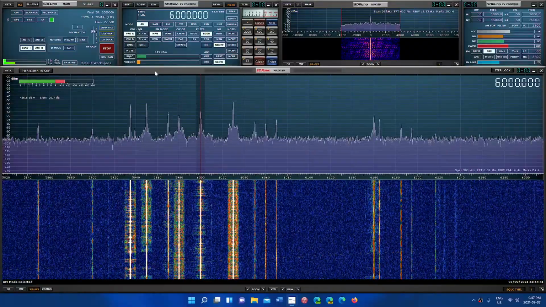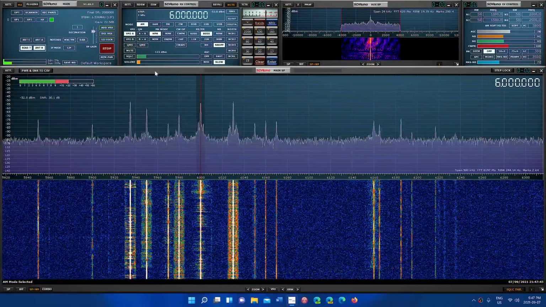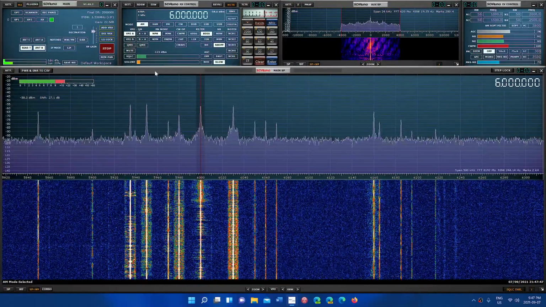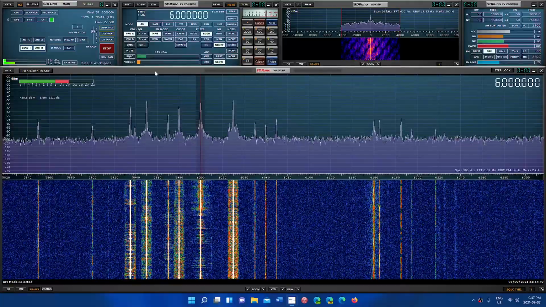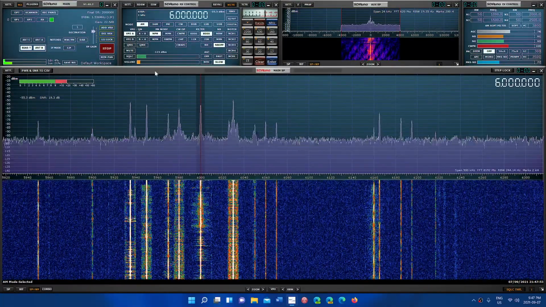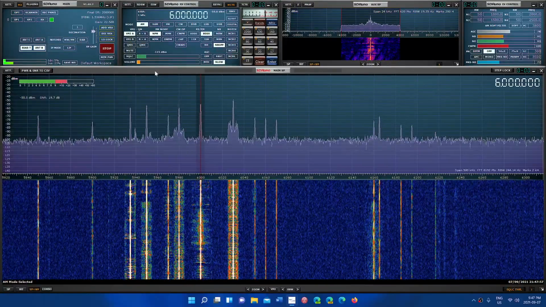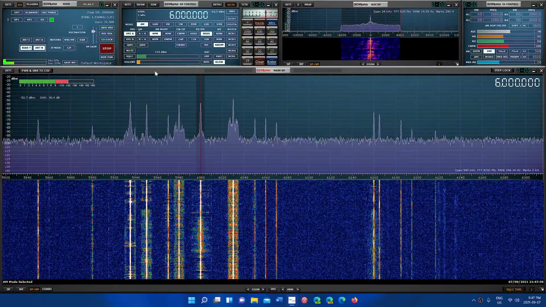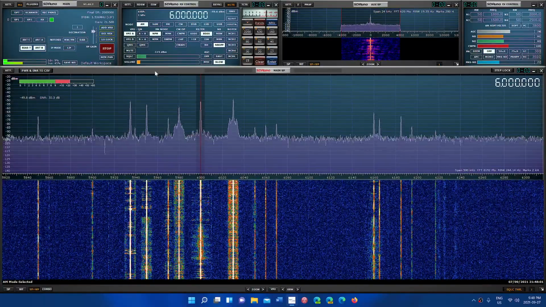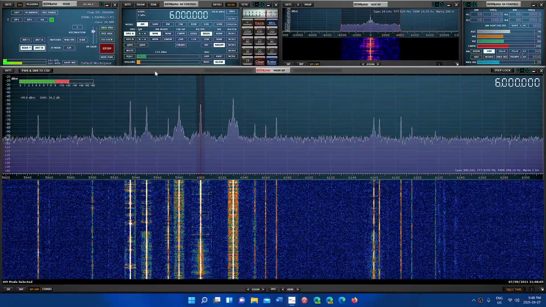But think about an SDR as a radio that has that capability of seeing everything around it, where your desktop or portable receiver is designed to receive only one. If we could see the spectrum of a portable radio like we see it here on the SDR, you would see all the signals around it because it actually is receiving them.